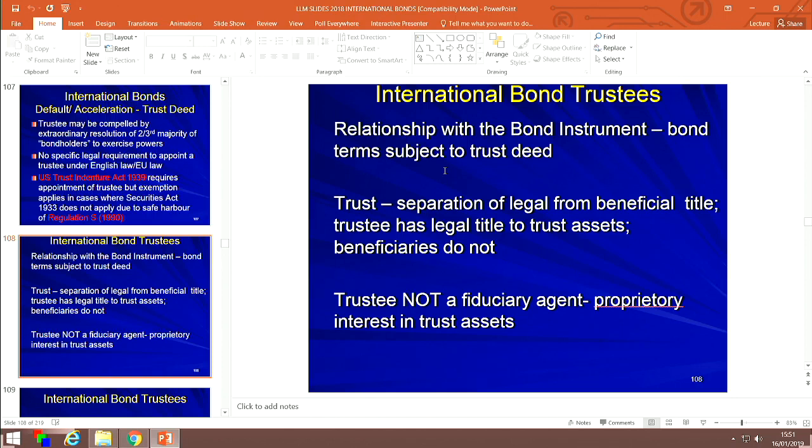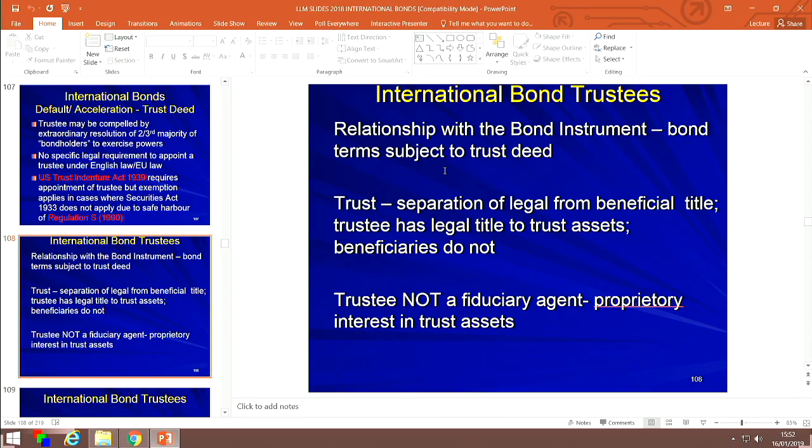The terms of the bond instrument are also, however, contained in the trust deed itself. You then need to understand exactly how this trust thing works. In particular, exactly what is the trust? What are the assets that are subject to the trust?